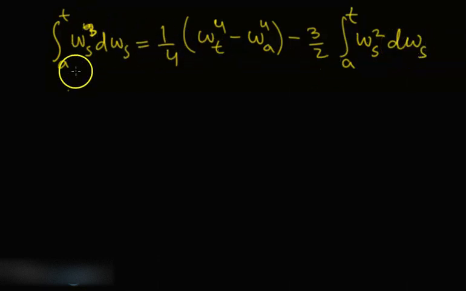So I mean to say that instead of integrating from a to b, you could also integrate from a to t. Let's compute a few more examples related to the simplest Ito's Lemma in the next video.